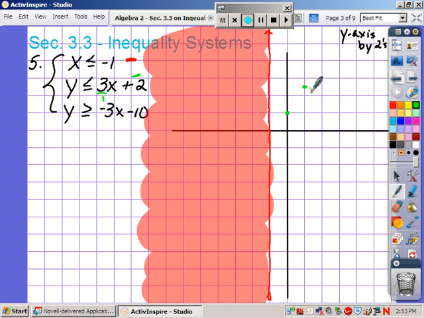Right here. This one's also a solid line. And its shading is left hand, so down from that line. So down from the line is going to be all over here.